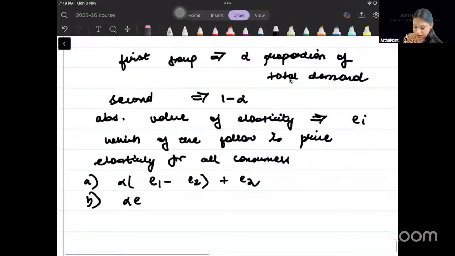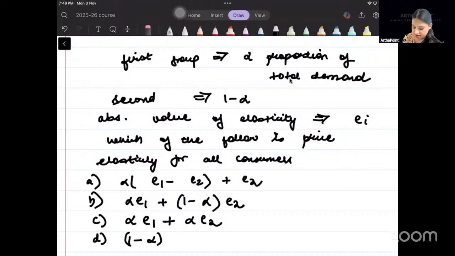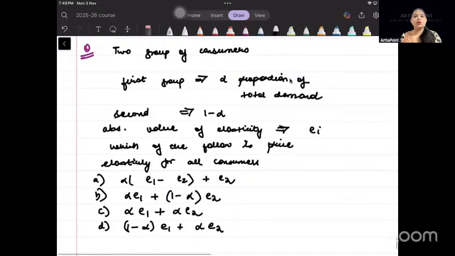B, alpha E1 plus (1 minus alpha) E2. C, alpha E1 plus alpha E2. D, (1 minus alpha) E1 plus alpha E2. Give this question a try.